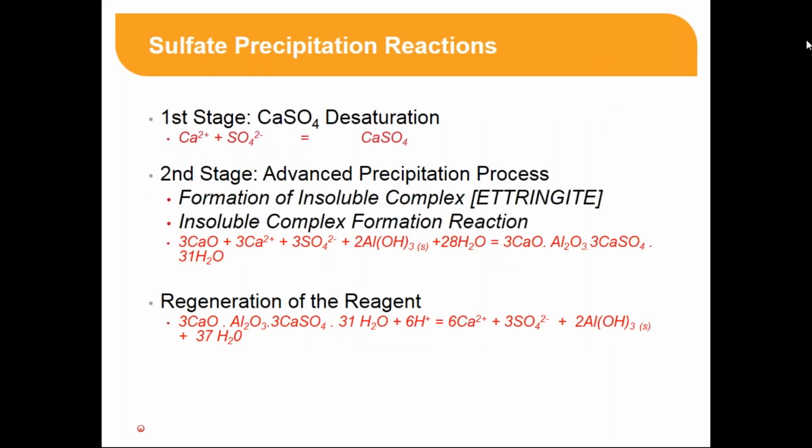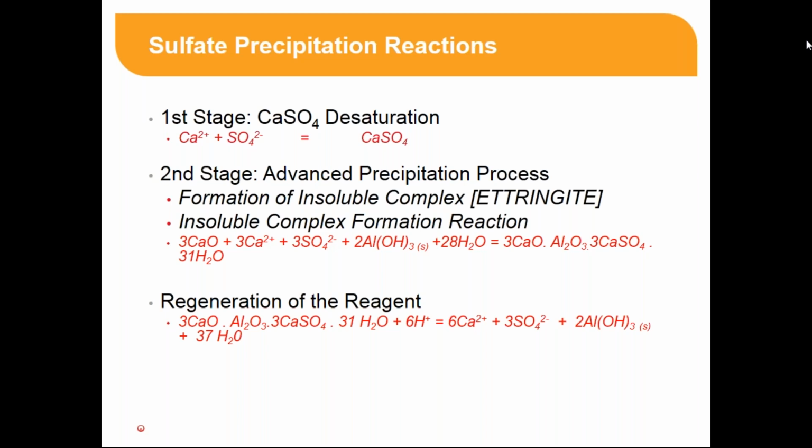So let's look at the sulfate precipitation reactions. The first stage, the calcium sulfate desaturation process, which I talked about previously, is calcium plus sulfate forming calcium sulfate. The second stage, or advanced precipitation process, forms an insoluble complex, which we call ettringite or calcium sulfoaluminate.